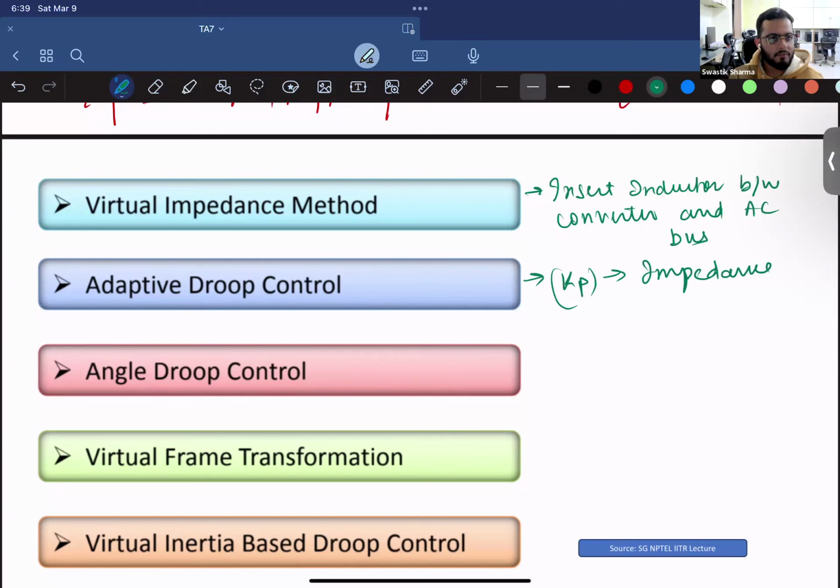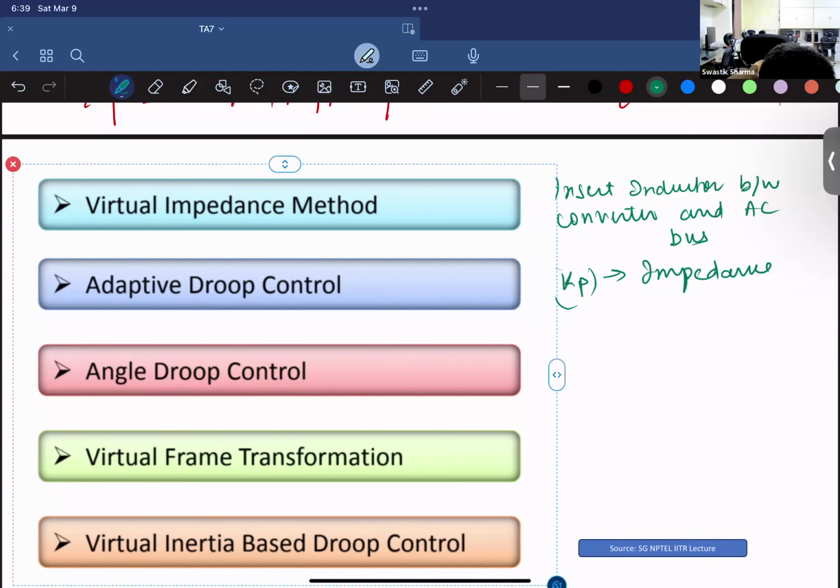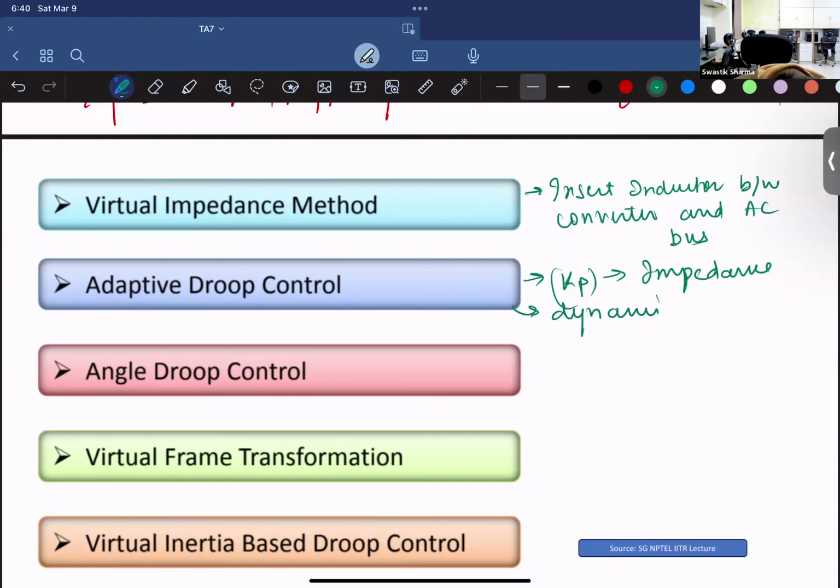Now, if you can dynamically track this Kp value, this impedance, based on how your real-time microgrid conditions look, you can exert a local control. So you dynamically adjust this. This is one way to increase the efficiency of your droop control method.